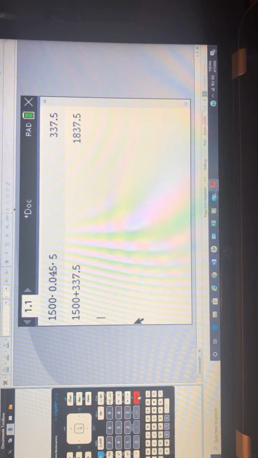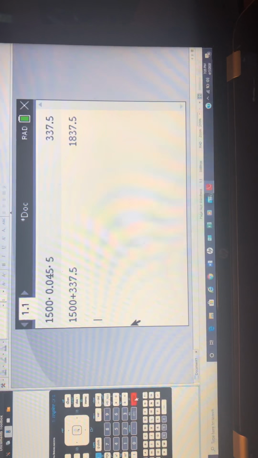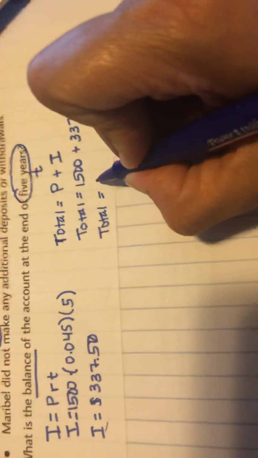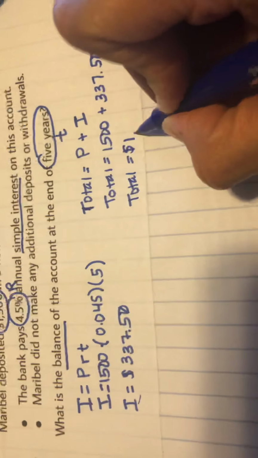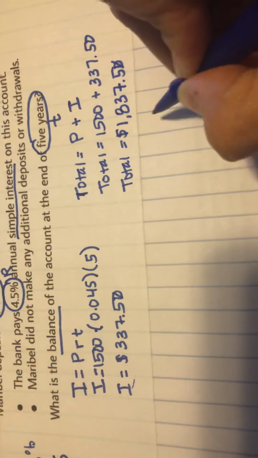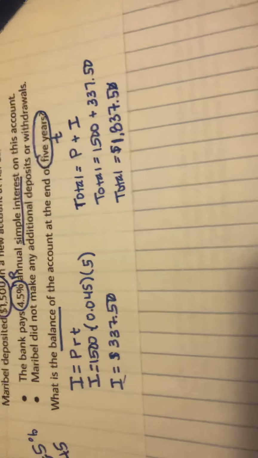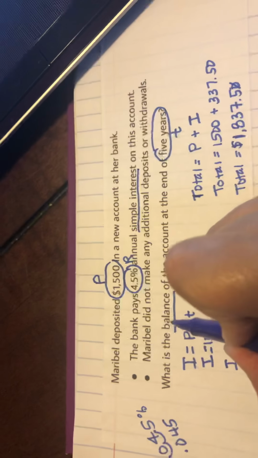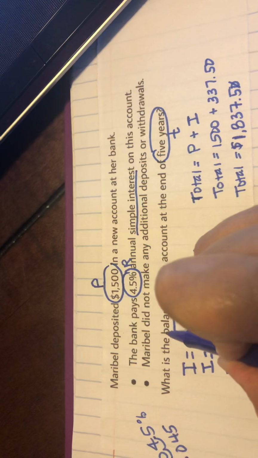So there's her account balance, $1,837.50. So my total here is $1,837.50. Okay. Now, if they had just asked, what is the interest? We would have stopped right there.